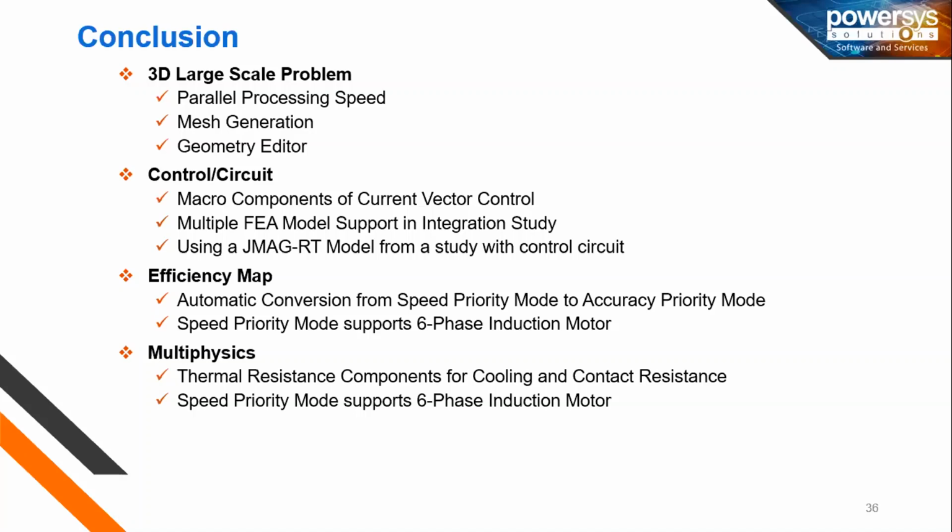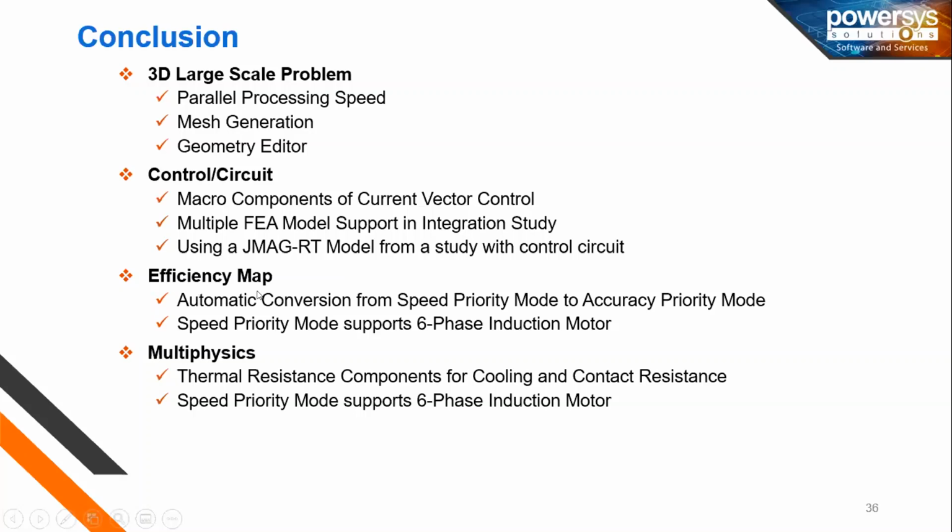Obviously, we need the RT module license for this. Anyhow, in JMAG Designer itself, we do it by taking the export option of this speed priority mode efficiency map into another study.